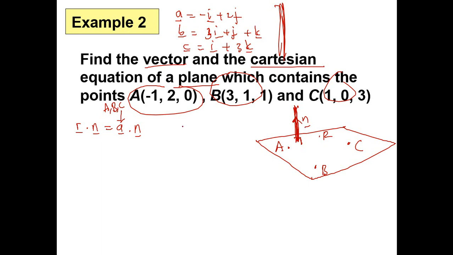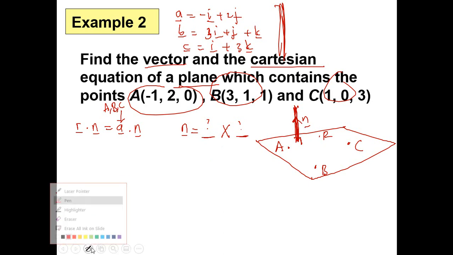To find n, we need to do the cross product between two vectors, because only the cross product produces a vector which is perpendicular to these vectors. To find these vectors, you need to join two points.